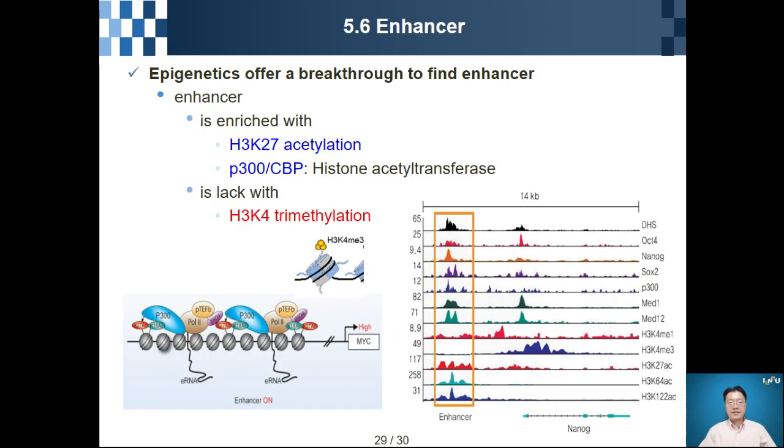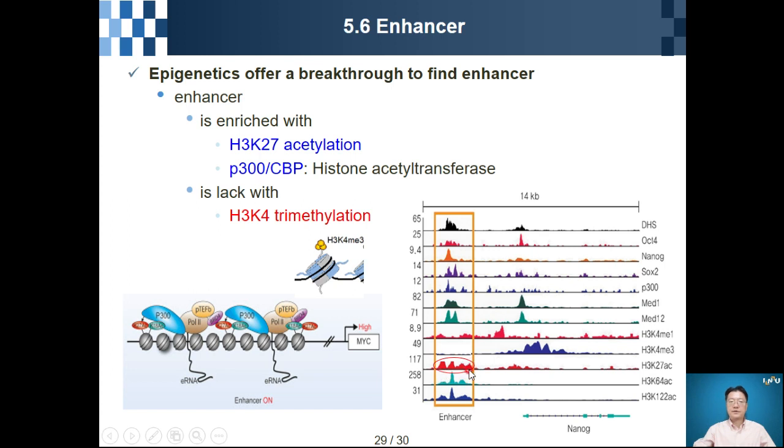However, epigenetics offers a breakthrough to find enhancers. People did several epigenetic analyses using several markers and found that enhancers are enriched with H3K27 acetylation. So this is H3K27 acetylation.